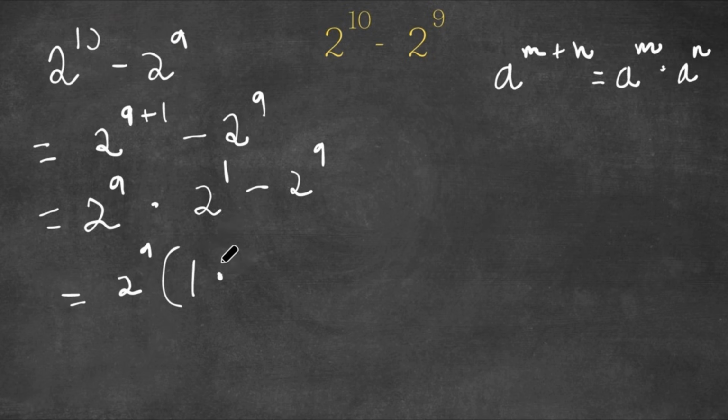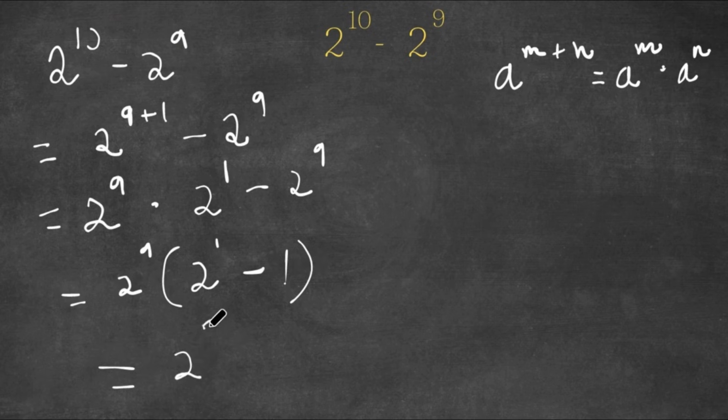And then I have 2 to the power of 9 times 2 to the power of 1 divided by 2 to the power of 9, which is simply 2 to the power of 1, minus 2 to the power of 9 divided by 2 to the power of 9, which is 1. And now this is equal to 2 to the power of 1 minus 1, which is simply 1. So I have 2 to the power of 9 times 1, which is equal to, anything times 1 is itself, so 2 to the power of 9.